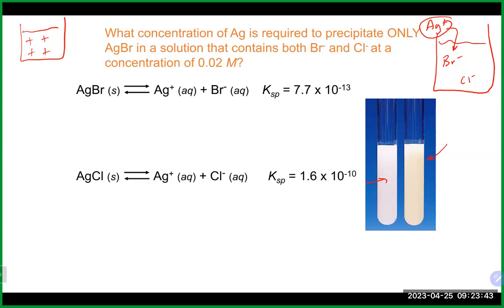There would be no way for you to really know which one you took out of the solution, which one might still be in the solution. So you could actually use KSP to help you know how much silver you should add to get one to precipitate out and maybe leave the other one in solution.